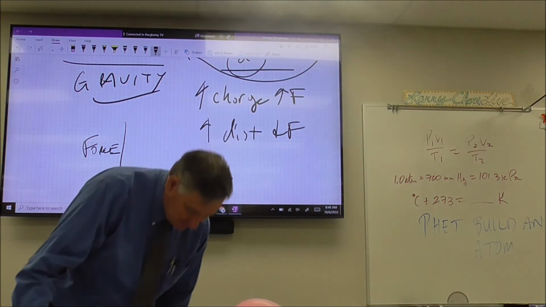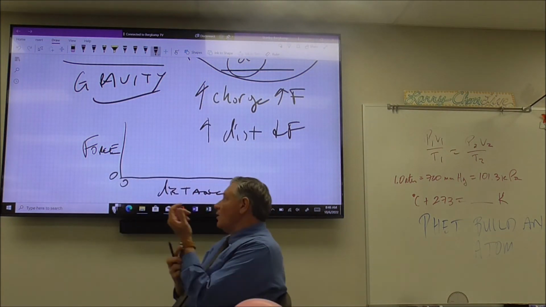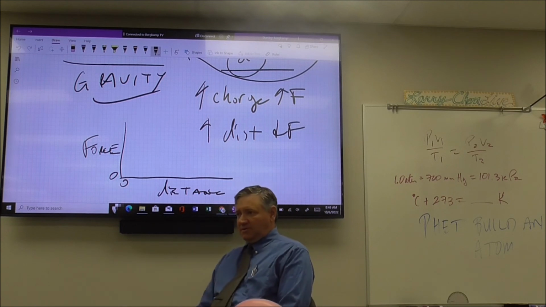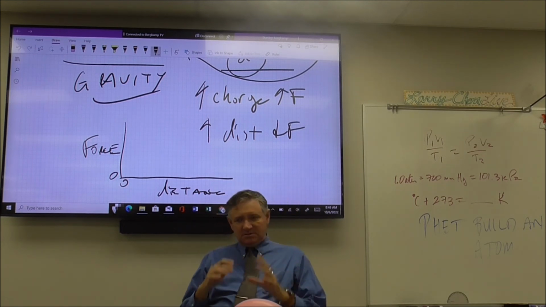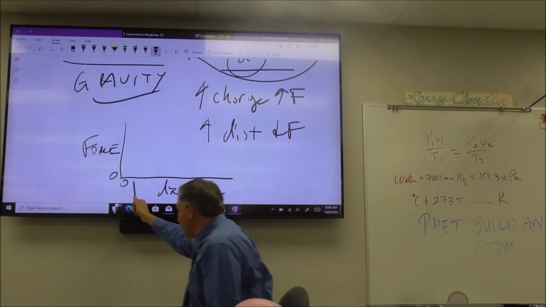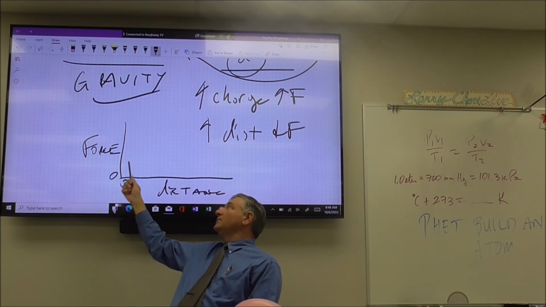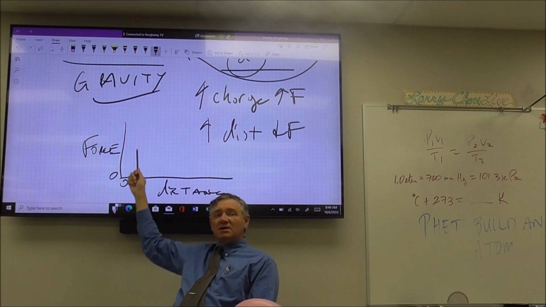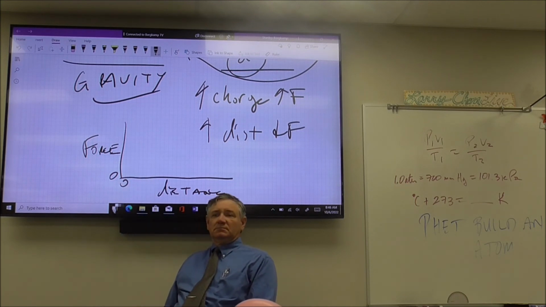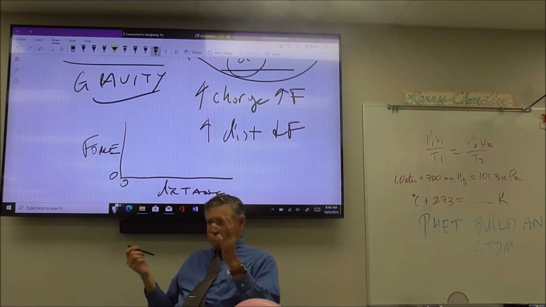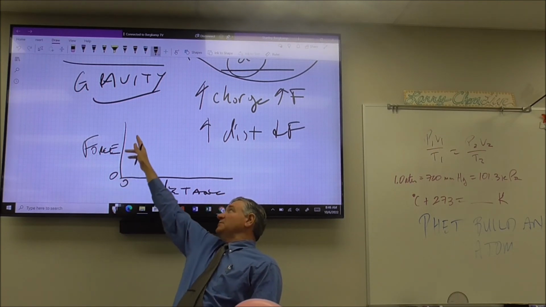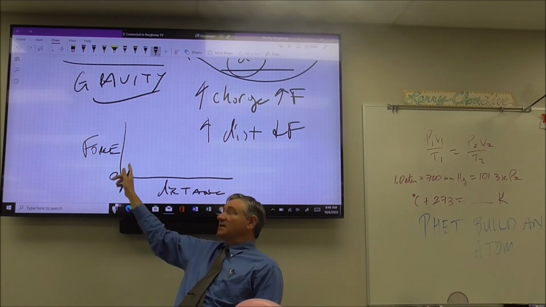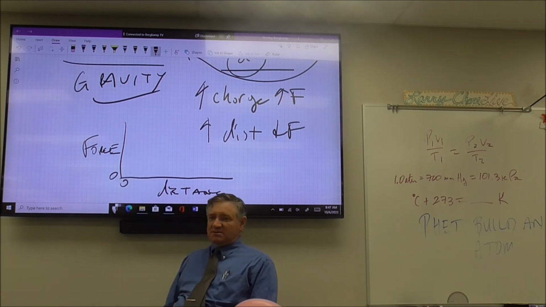So here's my question. What would this graph look like? If I were to plot the distance between the balloons, when the distance is very small, is that going to be a big force or a small force?